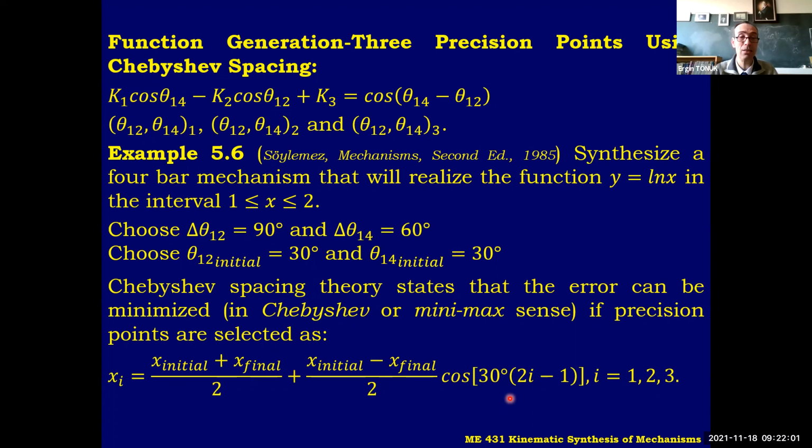One is at the center and the other two are close to two ends, but not at the ends, so that the error is quite small, okay? It is not exactly minimum. And actually, after you design the mechanism, you may plot the error and manually try to relocate it a few times to have it even less.